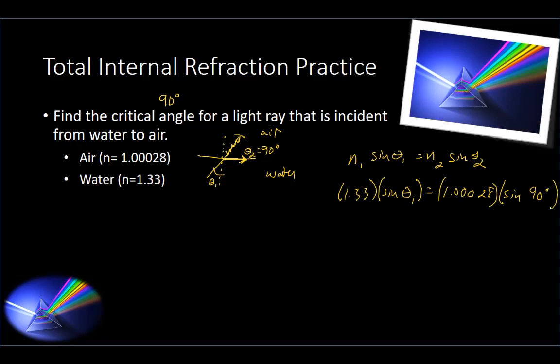Okay. Now, if you remember your SOHCAHTOA stuff, we should hopefully remember that the sine of 90 degrees is 1. And so we don't even have to put this into the calculator, but 1 times 1.00028 is going to still equal 1.00028, and that's going to be divided by 1.33.